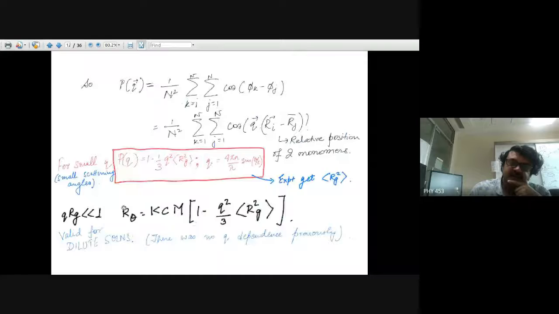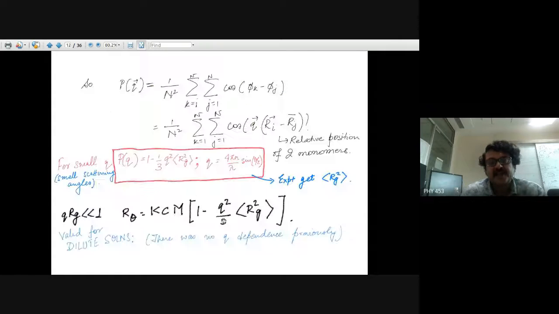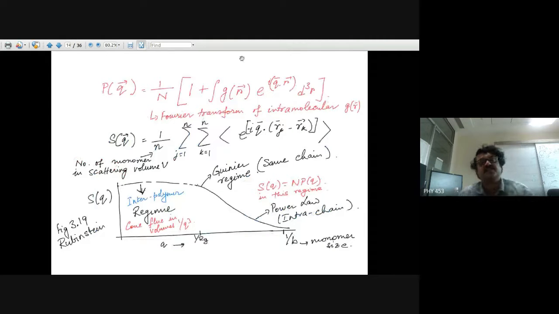On one hand, you're measuring P(Q), which is the ratio of intensities. That's a measurable quantity. Statistical mechanically, it has an expression like this, but it can also be recast. For statistical mechanics, you have to look up books on the statistical mechanics of liquids.